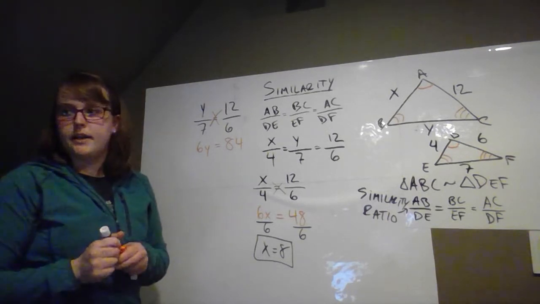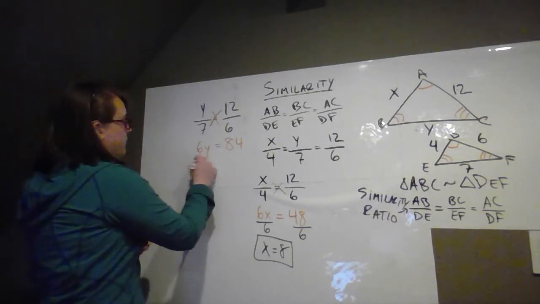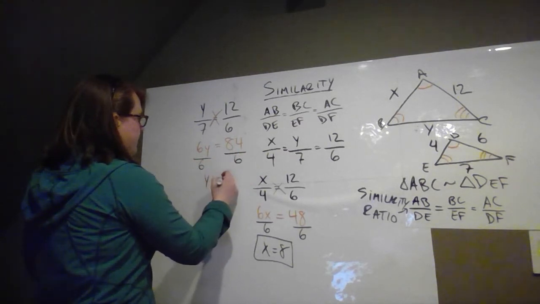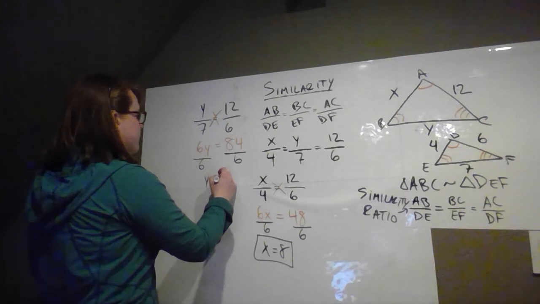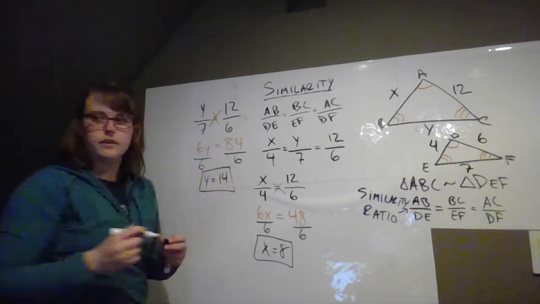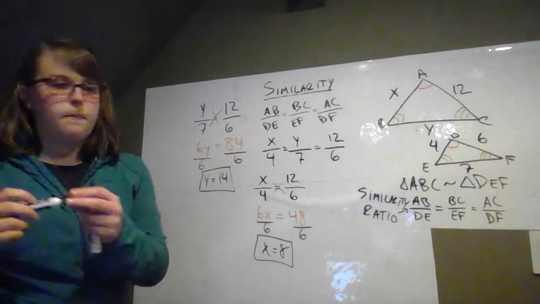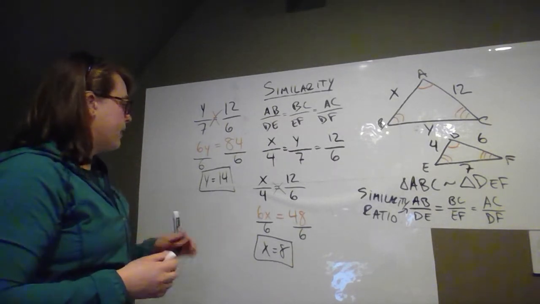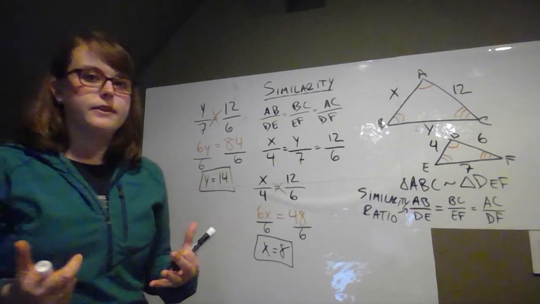Then on both sides, divide by 6. So we get y, I believe, is 14. Yes. So there we go. Now we have both x and y, and we're all done.